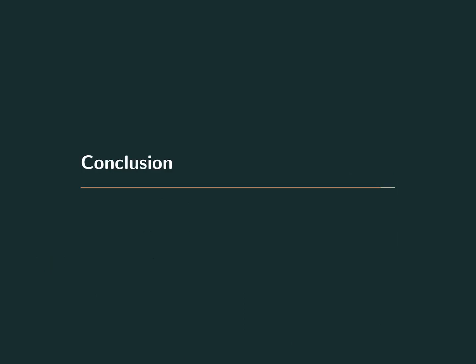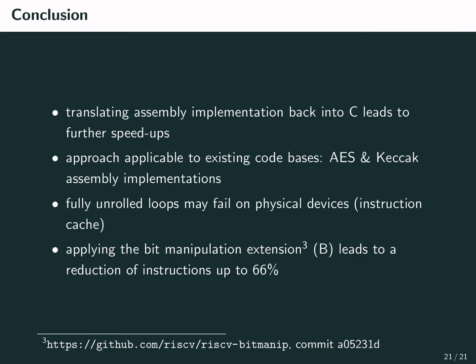Now, let me present the conclusions of our work. First, with strategies such as loop unrolling, we are able to write assembly code close to the lower bound given by the number of arithmetic instructions. Using the AES and Xoodyak assembly implementations, we also show that our approach is applicable to existing code bases.